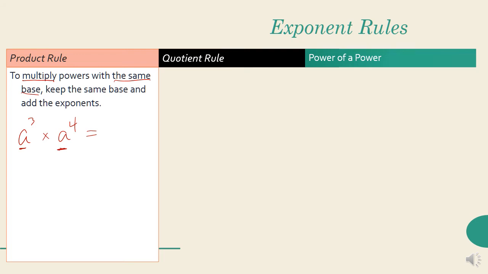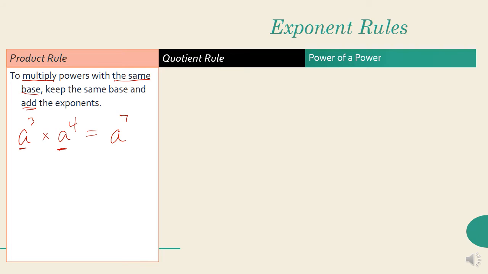A and A, perfect. We can do this law. If it was A and B or A and any other letter, you can't do these. So what does it tell us to do? It says keep the same base, in this case, A, and add the exponents. What is 3 plus 4? 7. Done.